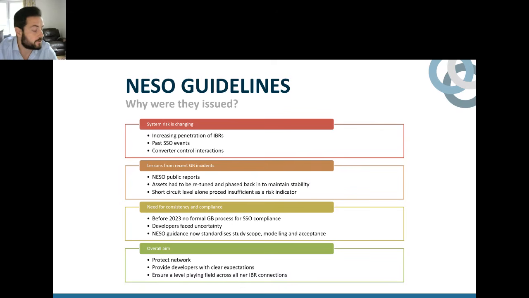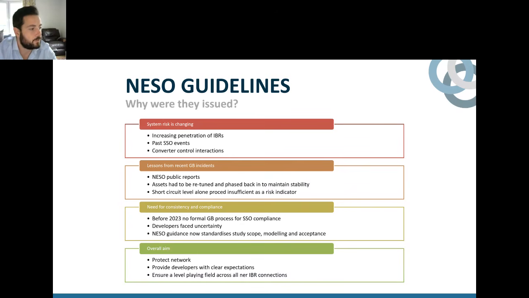Short circuit level alone, which was an indicator that has been used for a long time to prove how strong or weak a network is, proved insufficient as a risk indicator. So all this led to the need for consistency and compliance. Before 2023, there was no formal process for subsynchronous oscillation compliance, and therefore developers faced lots of uncertainty.